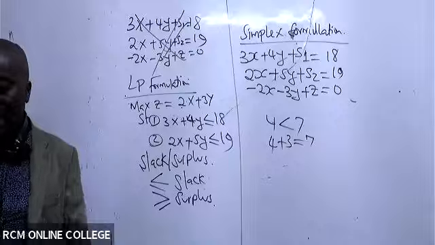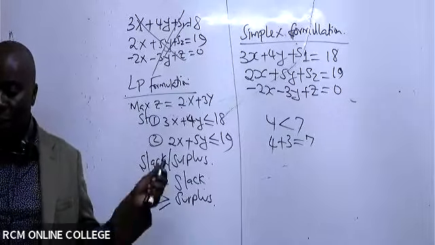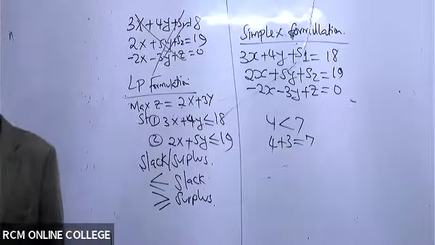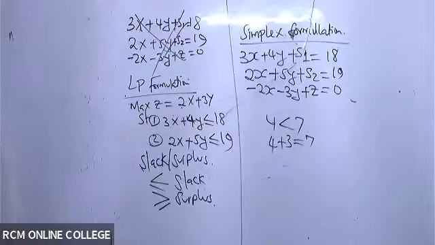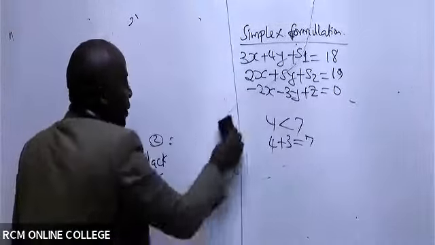Up to here, ladies and gentlemen, could we have some students who have been able to follow what I've done? Yeah, great. If that is the case, then we should be able to go ahead and finish this.